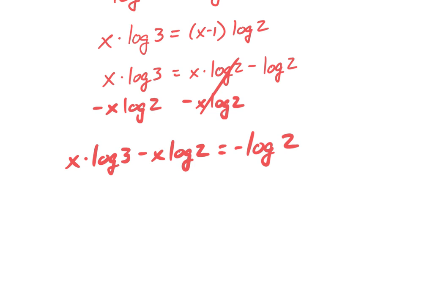We really can't combine these together because log 3 and log 2 are decimals, right? And we don't want to write a decimal answer here. But one thing we can do here is because they both have an x in common, we can factor an x out. So both of those terms have an x in common. So I'm going to take that x out of both of those terms.